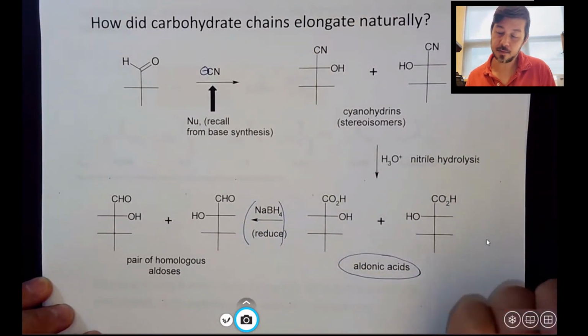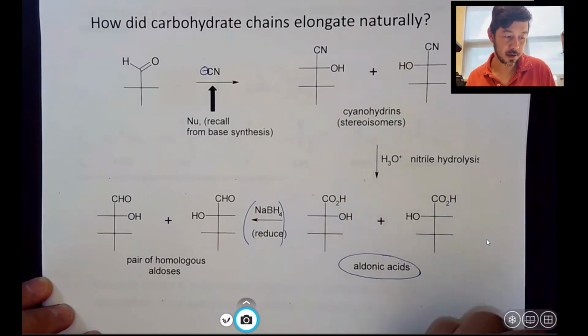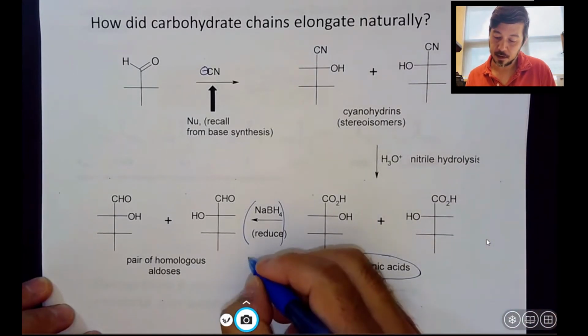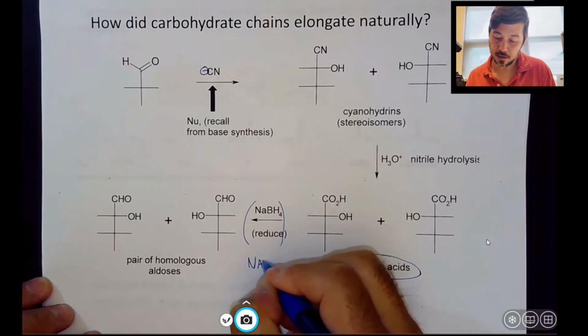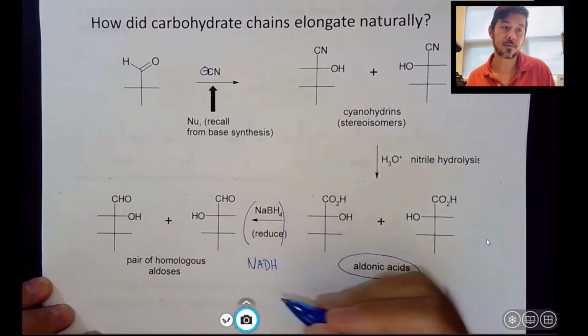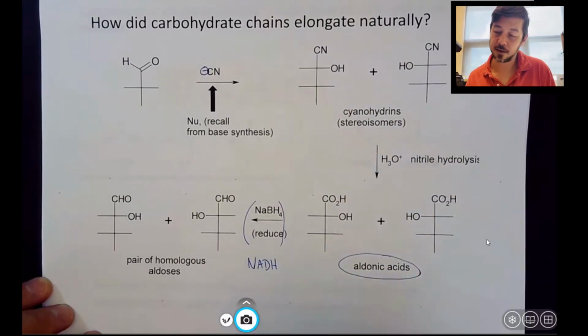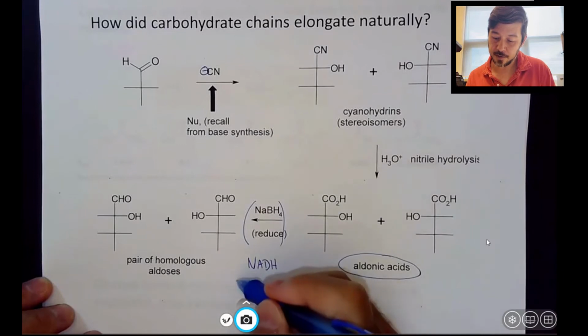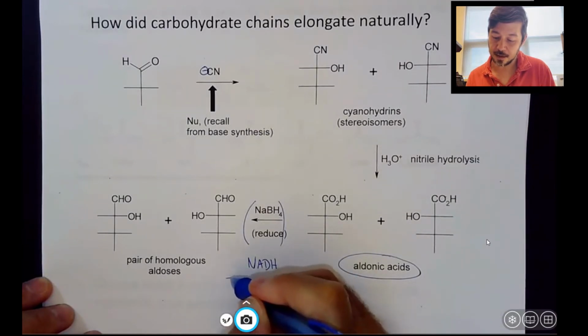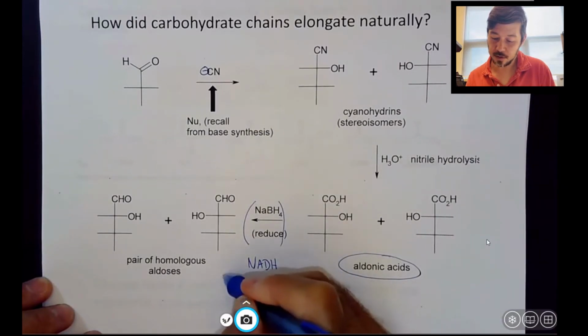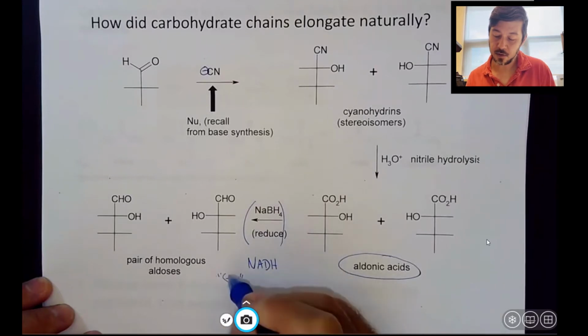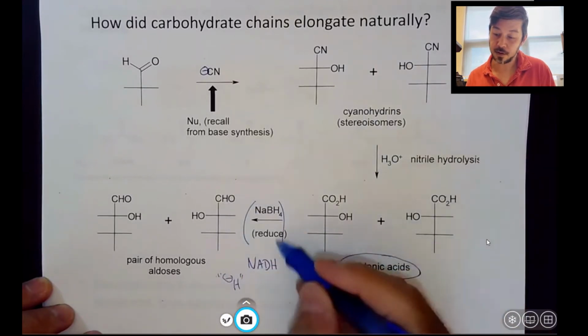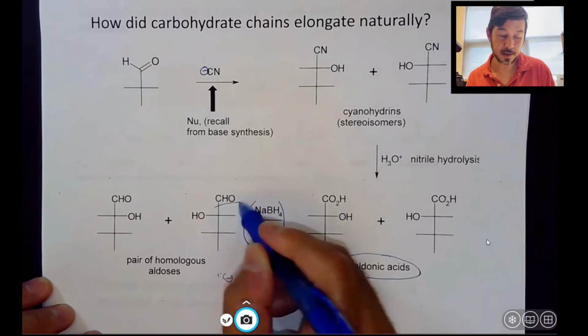But one class of molecules that we talked about in our last unit was something like NADH, right? We learned how that could be a natural source of reducing agent. We saw how it could potentially be formed prebiotically. So you could think of this NADH acting as a hydride source to the aldehyde or to the carboxylic acid to generate the aldehydes.